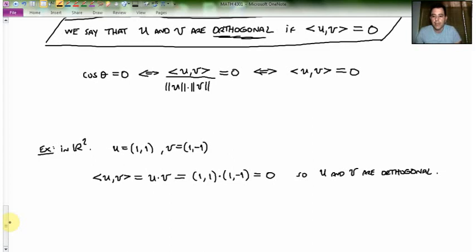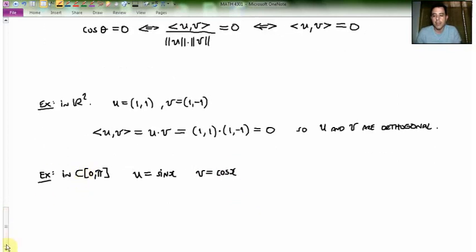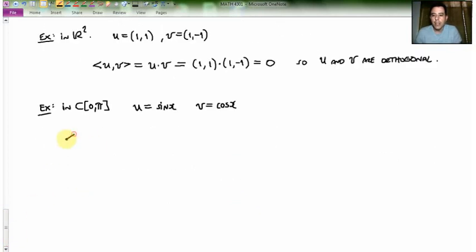Here is another example in C[0, pi], continuous functions on the interval 0 to pi. Here I'm going to pick u being sine x, and v being cosine x. Two functions in this space of continuous functions. The inner product that I'm going to use is the integral from 0 to pi of u(x) v(x) dx.